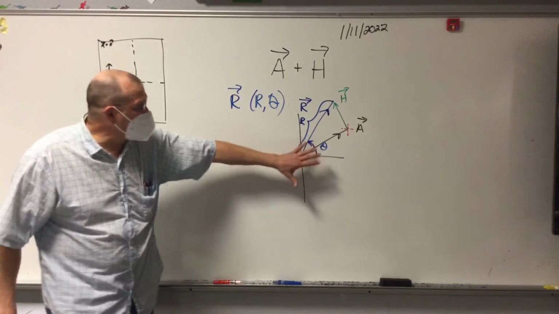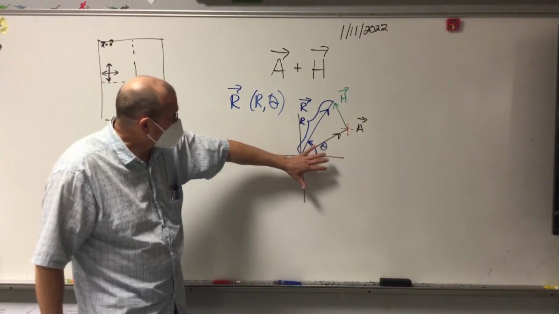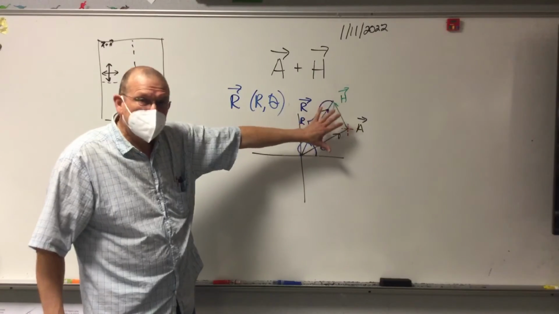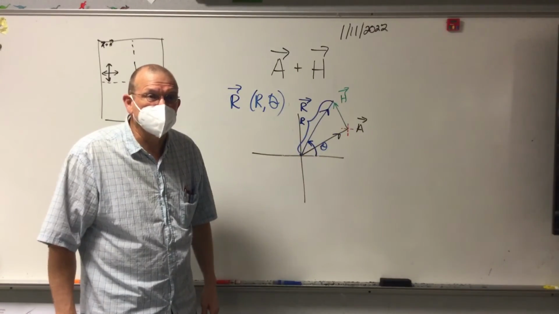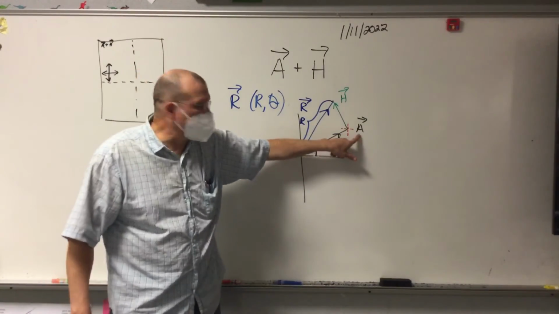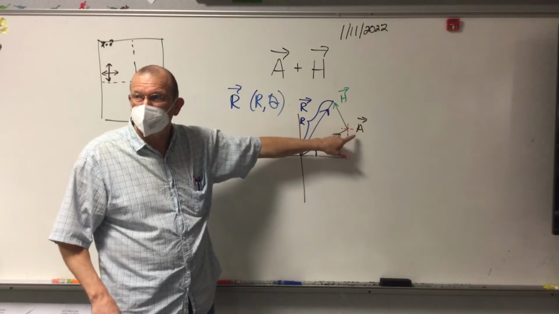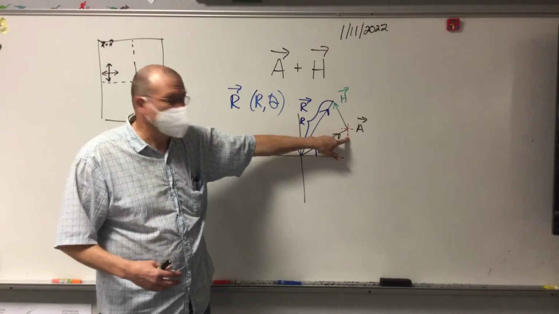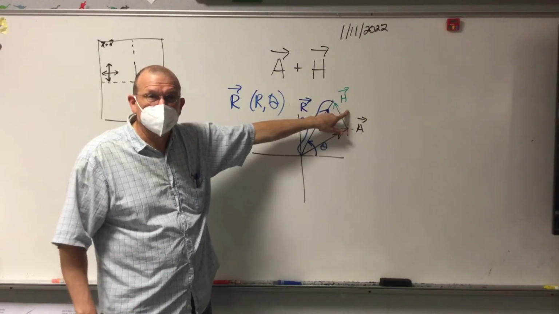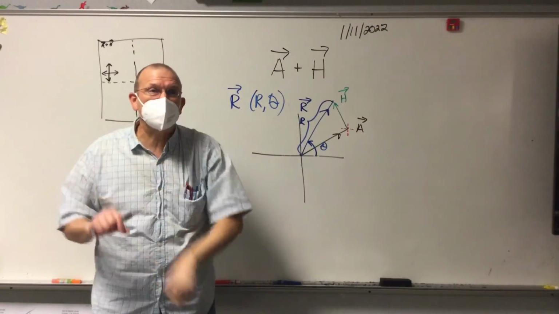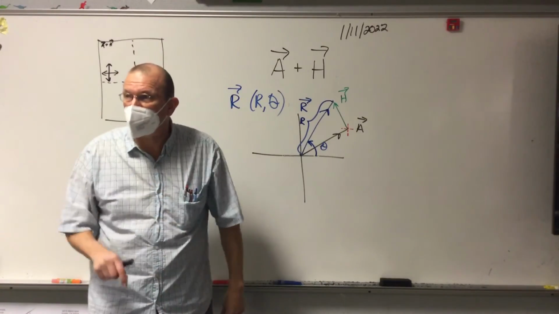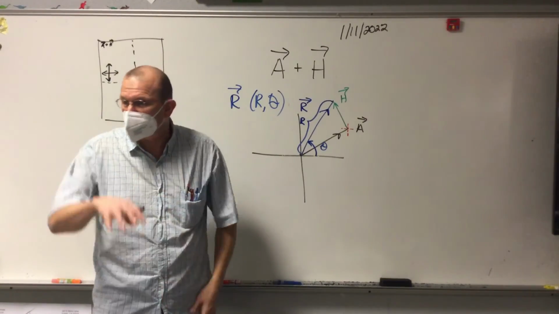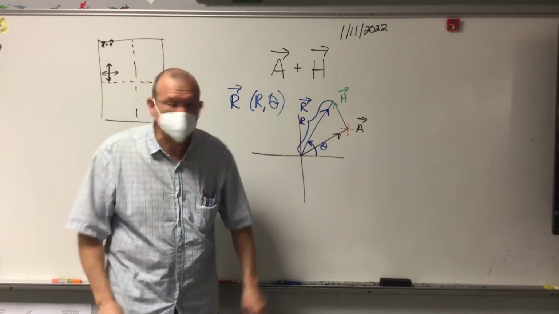And what you need to show me is essentially everything up in this presentation right here. You don't have to tell me exactly what A is, but I want to see A labeled in your picture, and I want to see H labeled. So I want to see the individual vectors labeled with their letters and the arrow. You don't have to put the numbers on there because you have the master list someplace else.